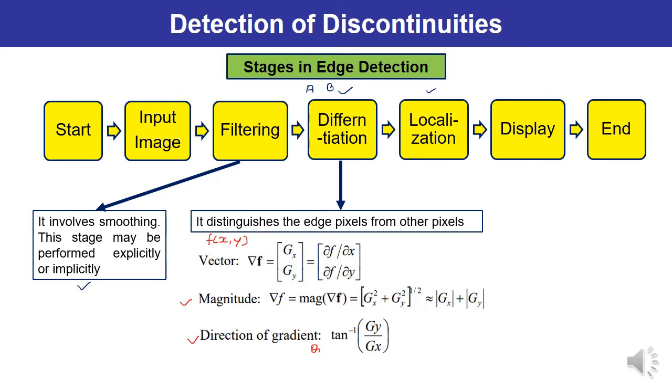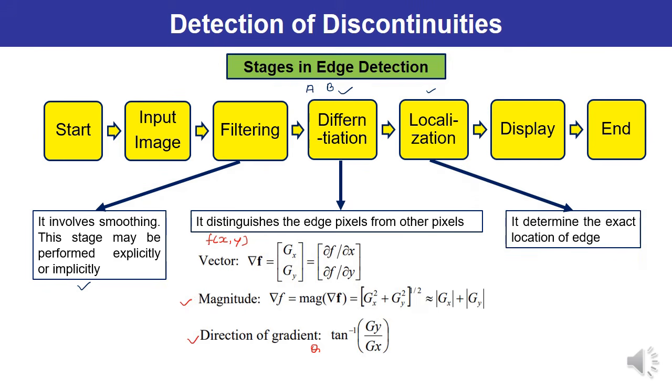So localization is related to the identification of the exact location of the edge, and this stage also involves edge thinning and edge linking steps, so that edges can be drawn or viewed in a sharp and connected manner, and these sharp and connected edges can be displayed further.